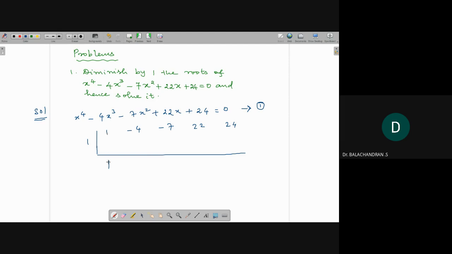This 1 I am writing here and multiply 1 into 1, 1. Minus 3, add again, multiply, add again, multiply, minus 10, so 12. Multiply 1 into 12, add, 36. So this is the constant term.